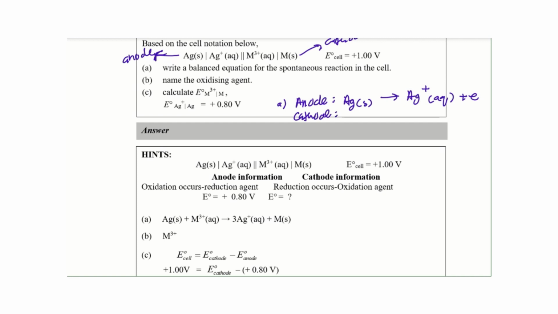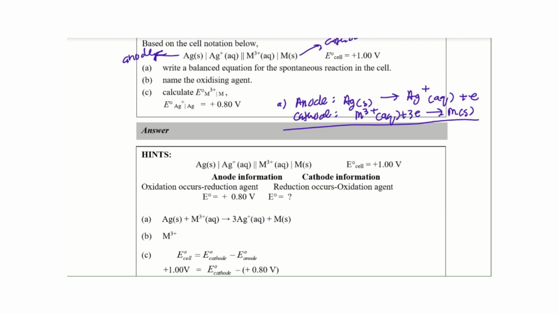At the cathode, M3+ aqueous accepts electrons to form M solid. Now we have to balance the half-cell equation at the cathode first.